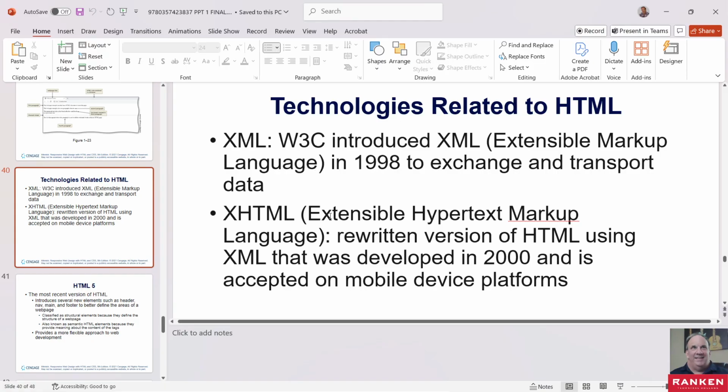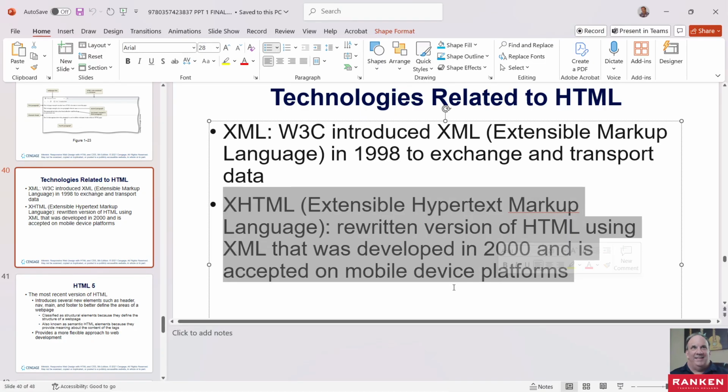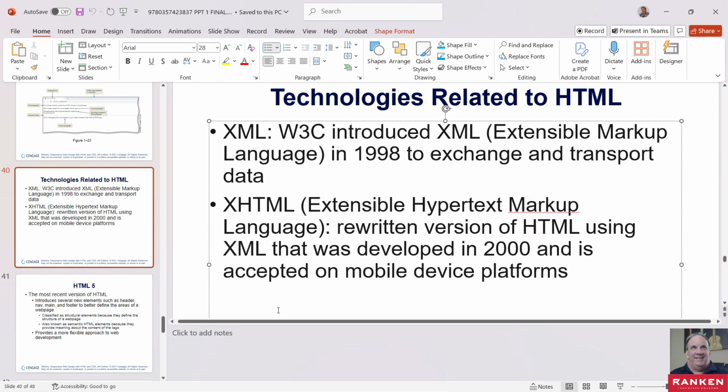We'll talk about that more in the future here, but just mention XML is another markup language, right? And then you've got XHTML, which is extensible. It's a rewritten version of HTML using XML that was developed in 2000 and is accepted by mobile device platforms. Okay, XHTML.